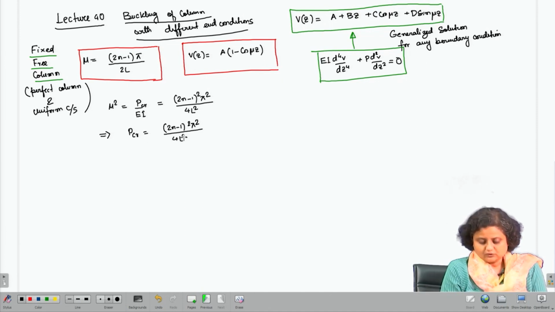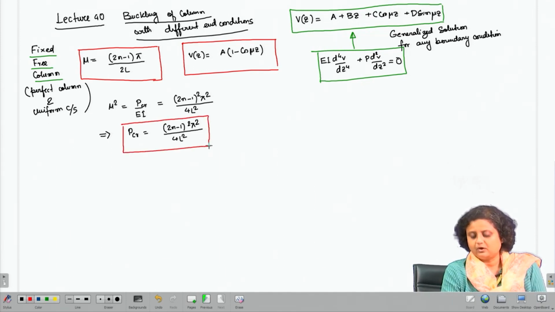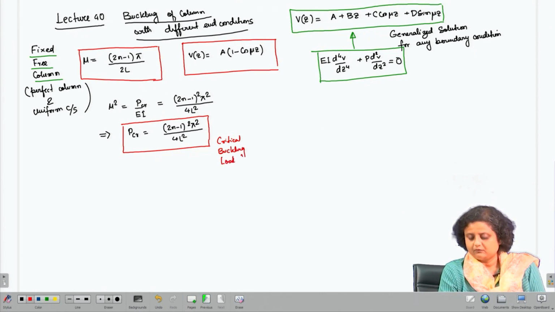So, this is the critical buckling load for a fixed free column.